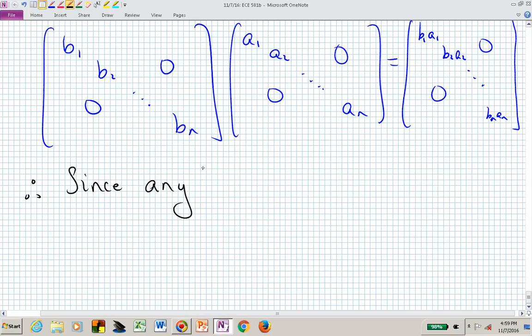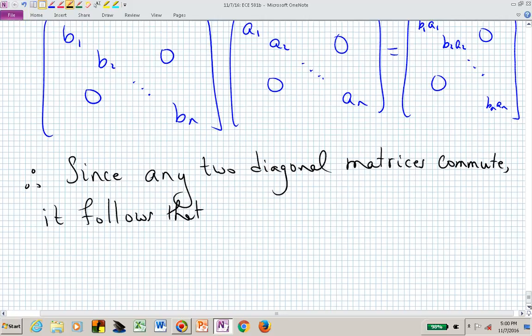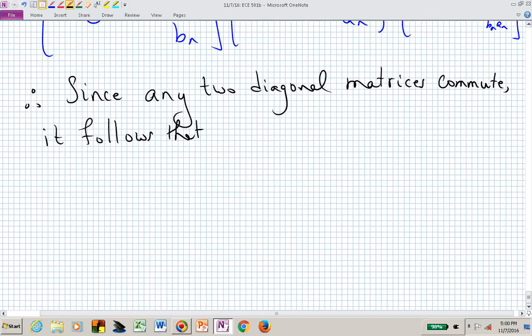Since any two diagonal matrices commute, it follows that. And what were those matrices? Well, in this example, they were the representations of the operator T and its adjoint, since we knew that they both had diagonal matrix representations.